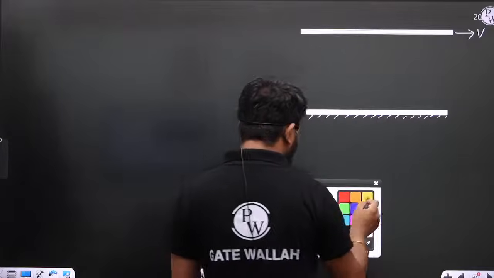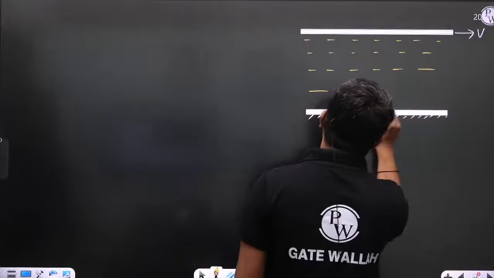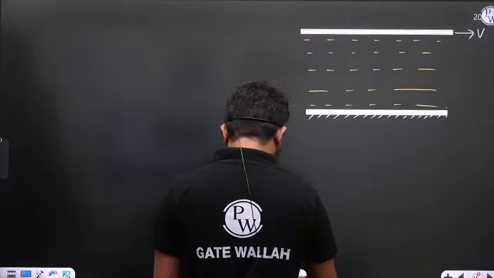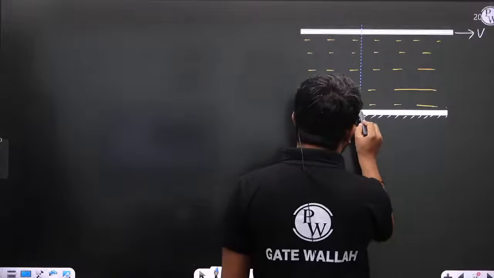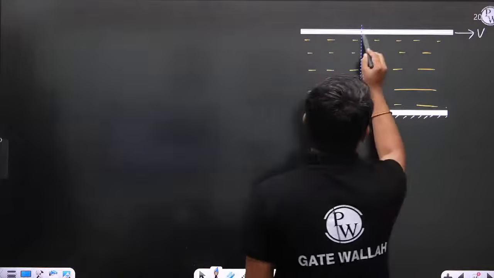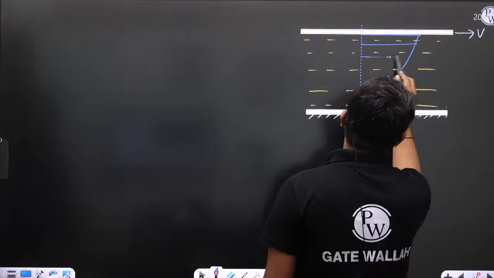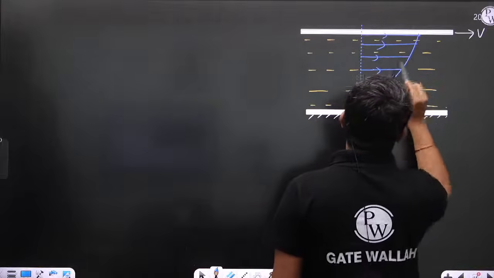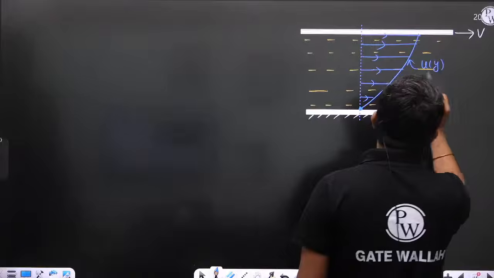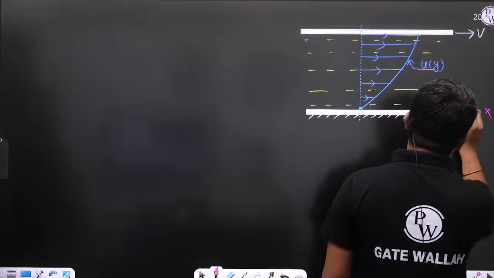In between there is a fluid. At this particular section the velocity is 0, here the velocity is v, and this is the velocity variation, u is a function of y.